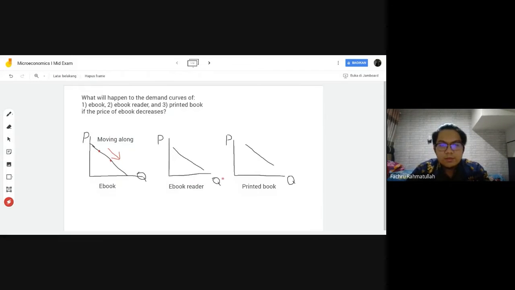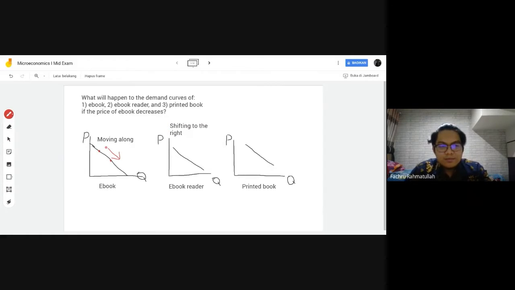So because just the quantity is increasing, we call it shifting, and because it increases, shifting to the right. Can you see? Yeah.